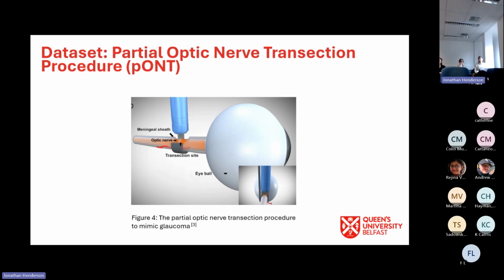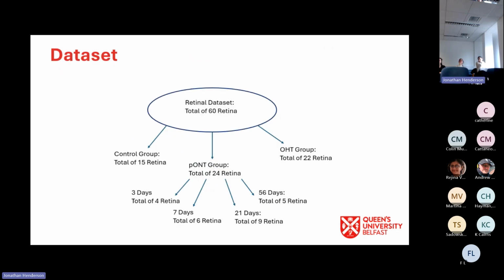So the idea behind it is that it's a more severe model of the disease, and the cells are lost quite rapidly throughout the disease process. Because of that, we have different dissection times, which we group the patterns into as well. So we have 4 dissection times of 3, 7, 21, and 56 days.